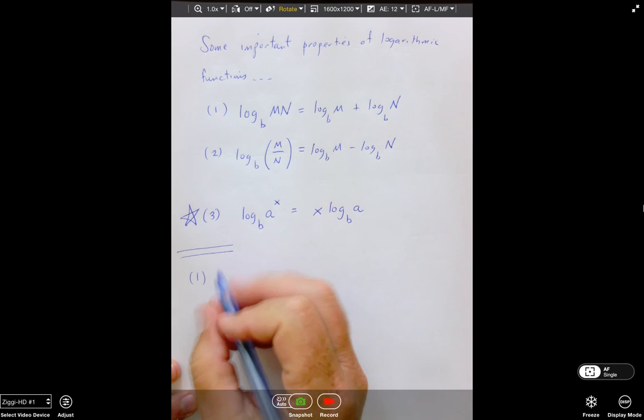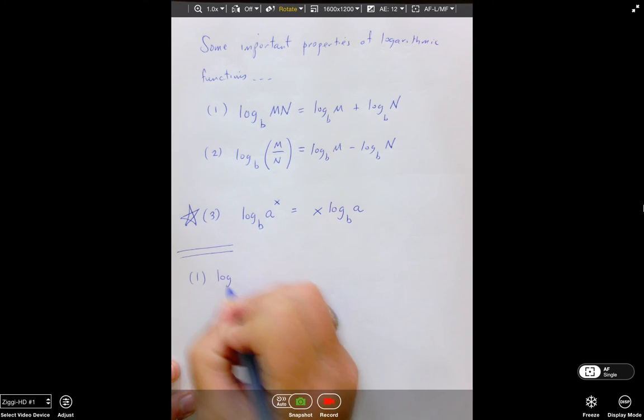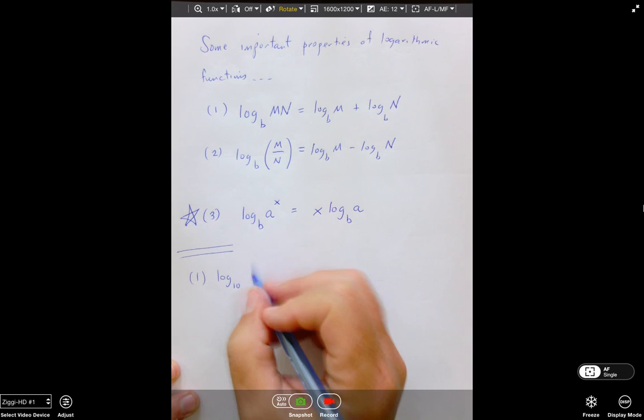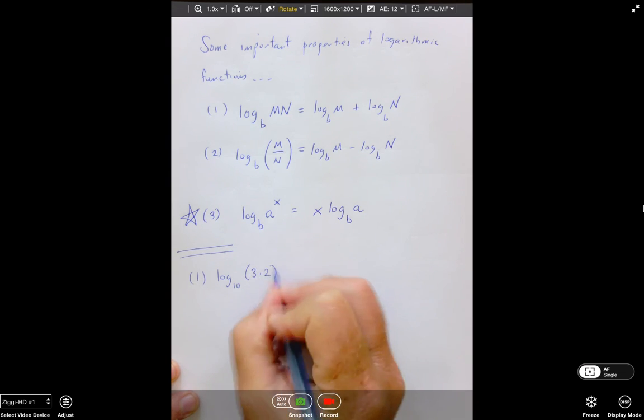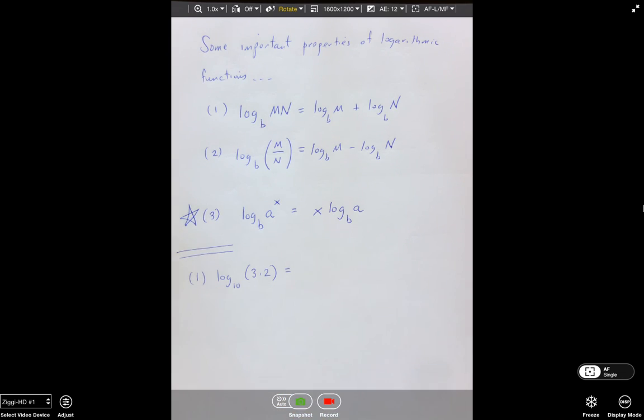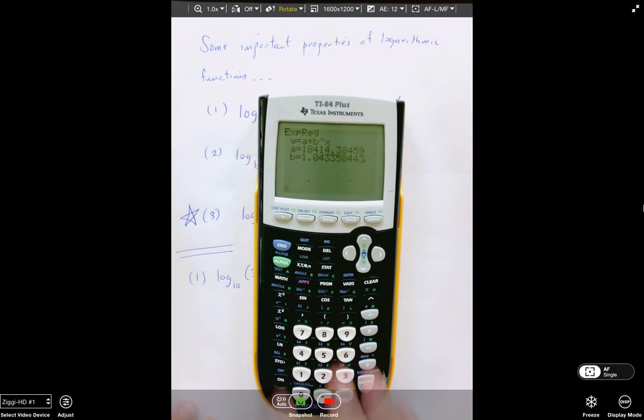So let's go log base 10 of 3 times 2. And this is going to give us the opportunity to talk a little bit about what it means to be log base 10. On your calculator, if you look at these two keys, you've got the log key and the ln key.